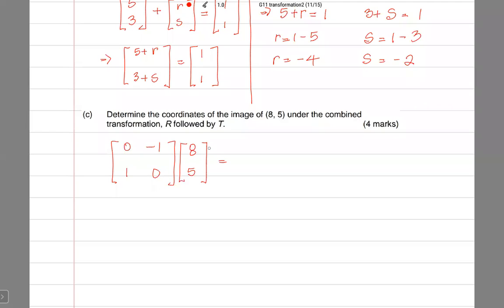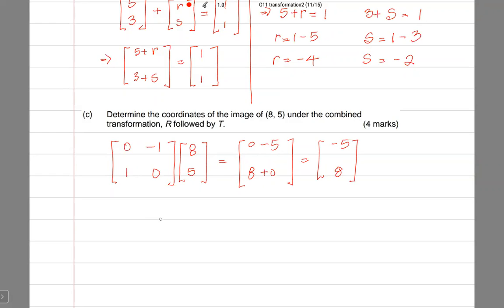Meaning 0 times 8 is 0, minus 1 times 5 is minus 5. 1 times 8 is 8, and 0 times 5 is 0. So the answer is minus 5, 8.